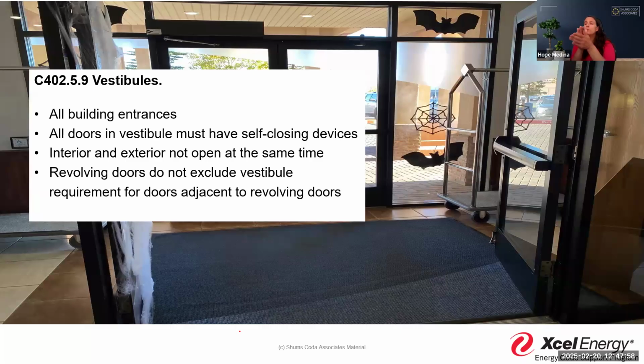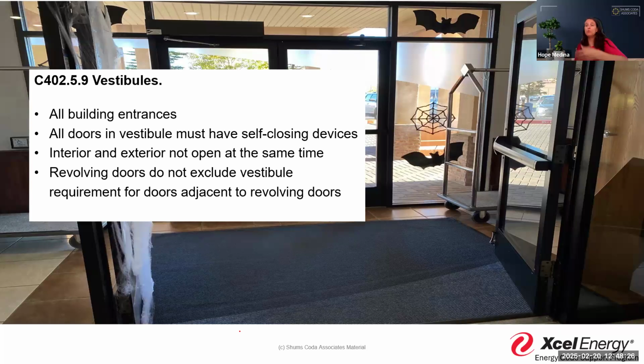So vestibules for commercial projects, commercial by energy code, you're required at all building entrances. That means where the public comes in to the building, not doors that are there for exiting, right? Because we all know we have a certain amount of exit width that's required dependent on the occupancy.